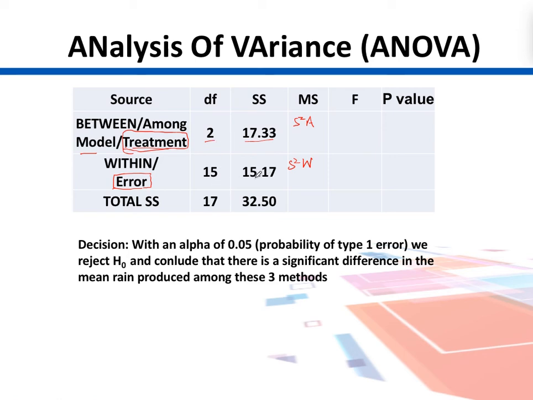Same way for the error term, sum of square is 15.17, degrees of freedom is 15, so mean square for the error term is 15.17 divided by 15. Now we get 8.67 here, we get 1.01 here, and the F which we get is 8.67 divided by 1.01. That is our F calculated, it is 8.57.